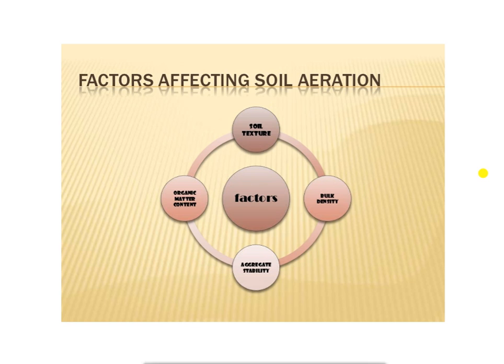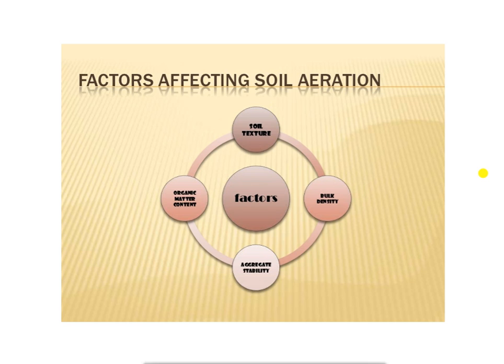So we have to see what effect soil texture has on soil aeration. When there is a fine soil texture, there is well aerated soil. Exchange of gases between soil air and atmospheric air becomes rapid. So it is called a well aerated soil.